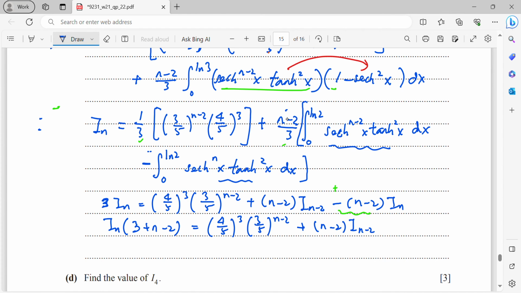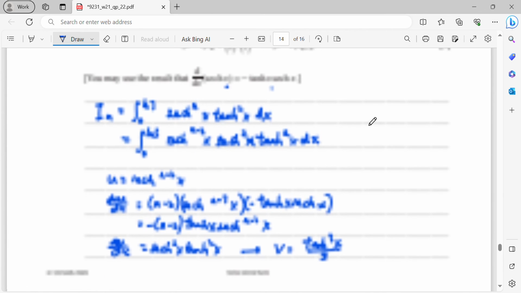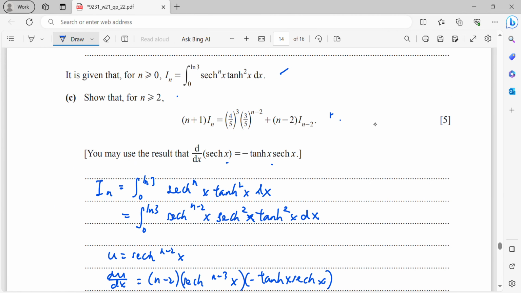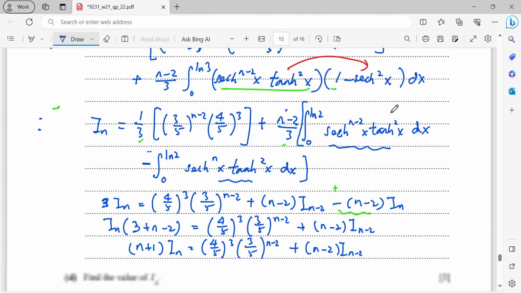This is basically 3 minus 2 is 1. So it is the same as (n plus 1) I_n. Okay, so we have proven the formula, right? So you have to apply the integration by parts.